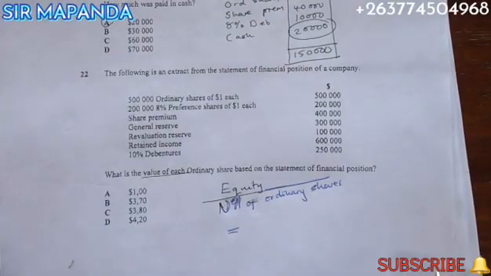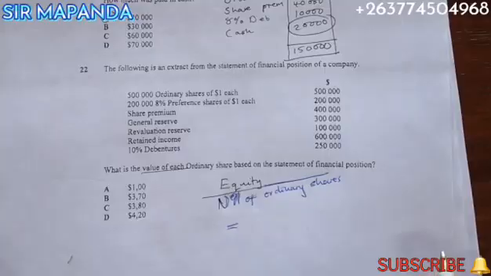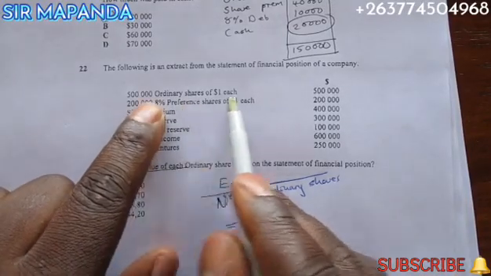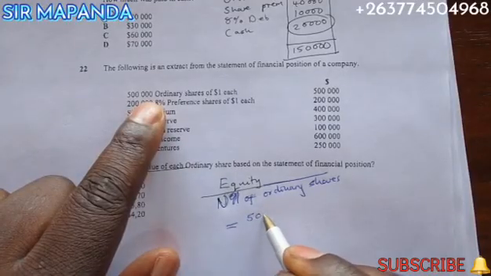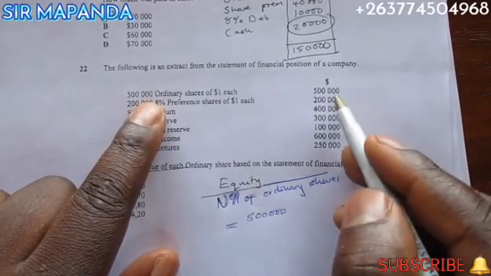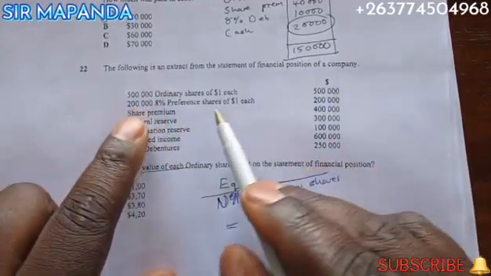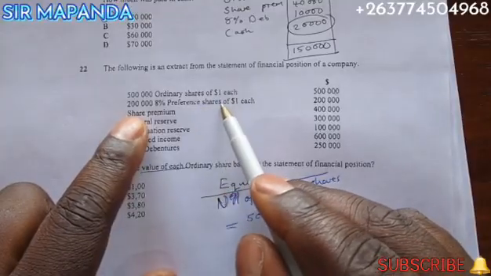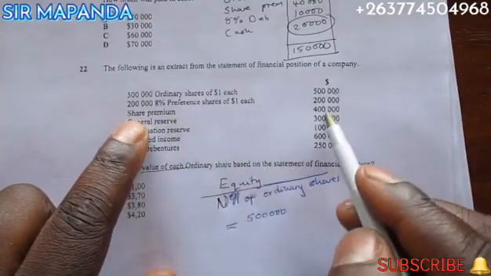I hope you are following. So equity is made up of reserves plus ordinary share capital. Ordinary shares amounting to 500,000 are part of the equity. Preference shares are part of non-current liabilities, not equity. Share premium is a reserve.